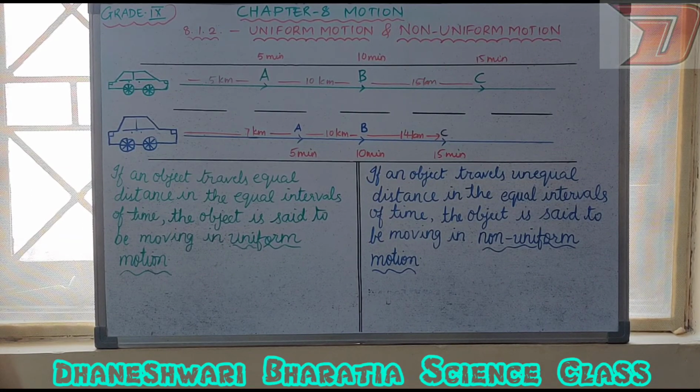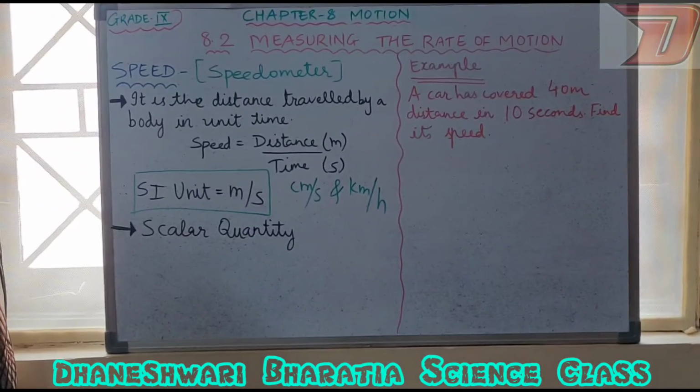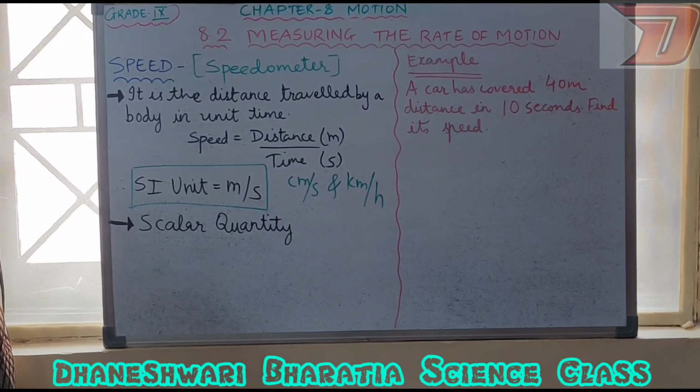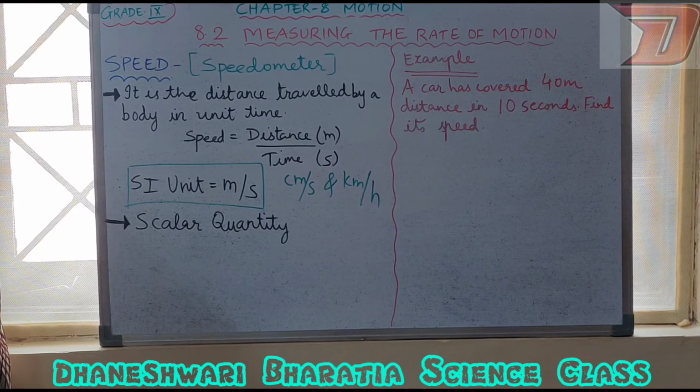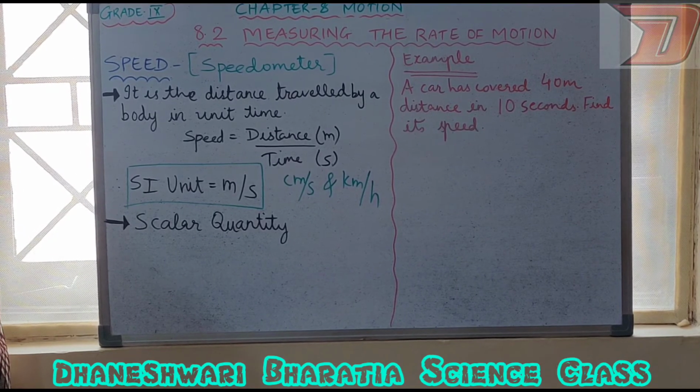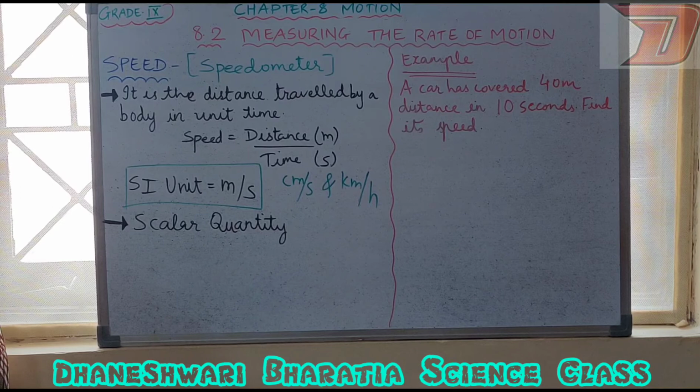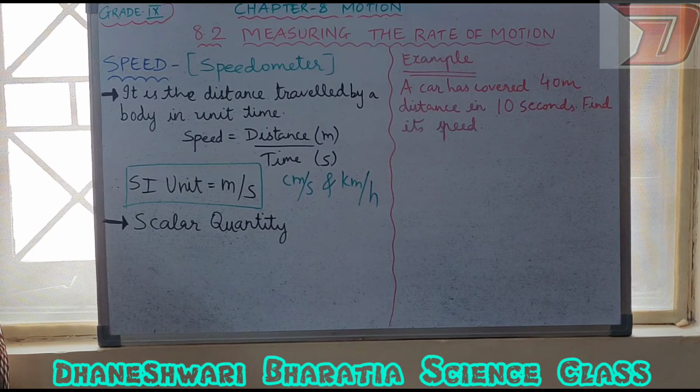Let us start with 8.2, that is measuring the rate of motion. You can have a look in your textbook, page number 100, figure 8.2, A and B. Now in figure A, you can see that the game is on, right? You can see the speed of the ball, that is the bowling speed, given in kilometer per hour.